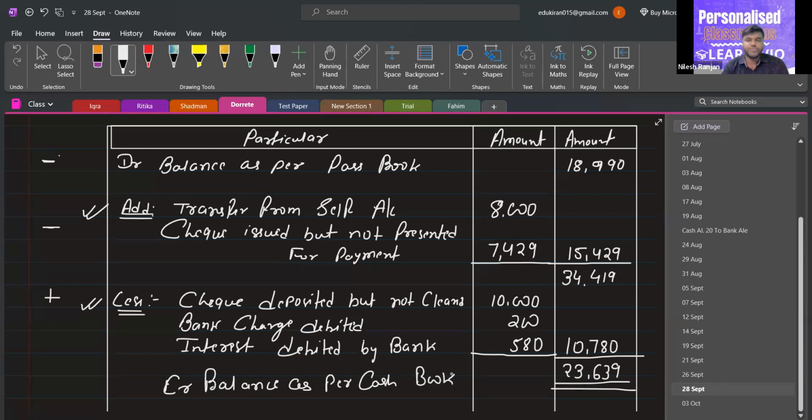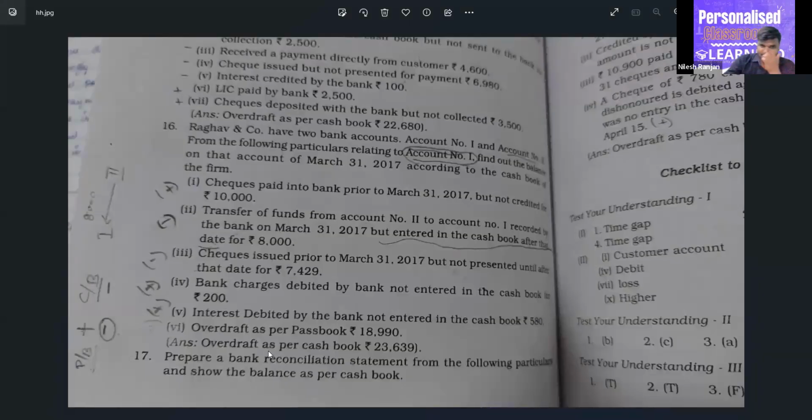So tell me, is your confusion clear now, or do you have some doubt yet? Sir, one minute. Yes. The fourth transaction. You said it is increased. So shouldn't we add it? Okay.